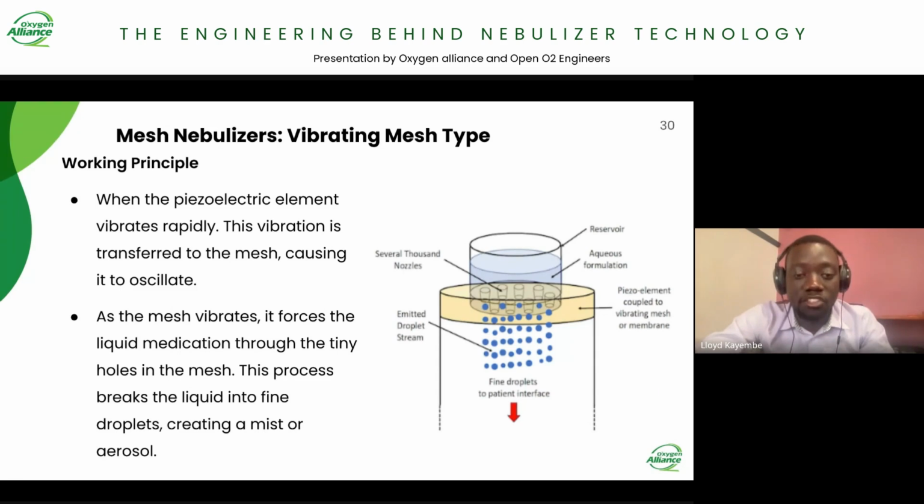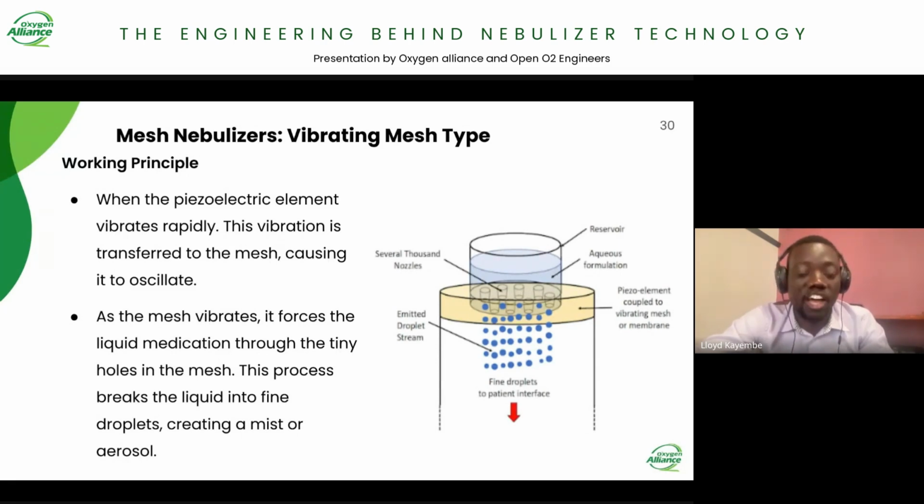As you can see on the image, there is a medication on top of the mesh that has been coupled with the piezoelectric element. So as the piezoelectric element is vibrating, this vibration is also transferred to the mesh.